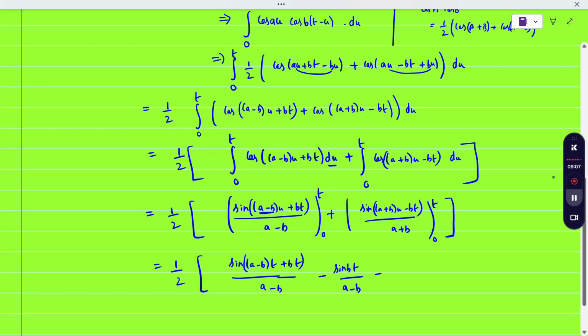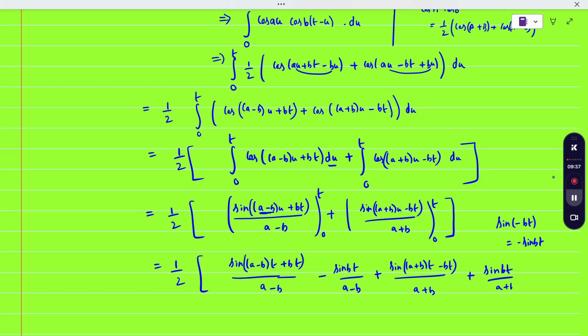First term completed. Same for the second term: plus sine of (a plus b)t minus bt divided by a plus b, minus the lower limit, again the first part is 0. Sine of minus bt is nothing but minus sine bt, so with the existing minus sign it becomes plus sine bt divided by a plus b.